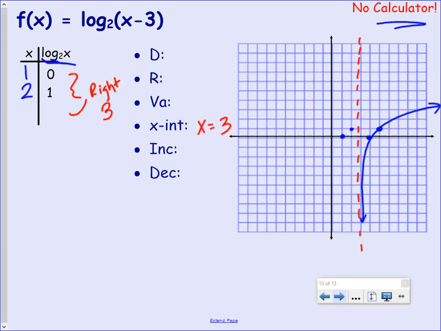Now I can answer some of those other questions as well. Domain is going to be related to your vertical asymptote. So now my domain, instead of 0 to infinity, is 3 to infinity. My range is all real numbers.